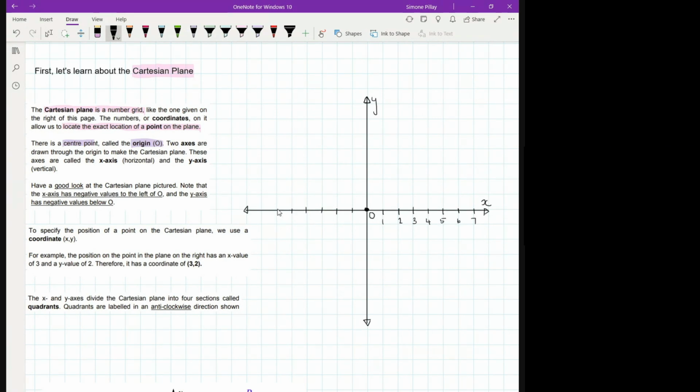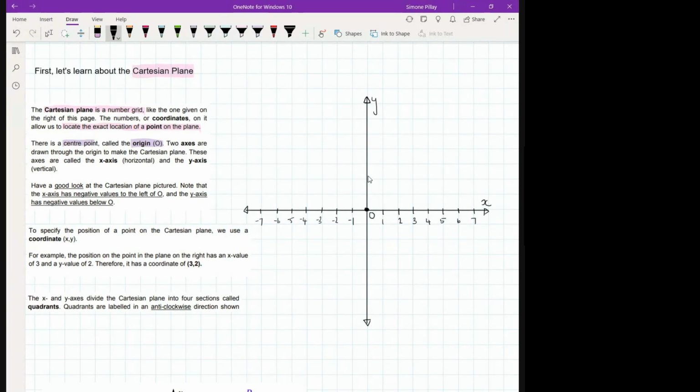And this is where I'm drawing all of these little notches now. It's going to be -1, -2, -3, -4, -5, -6, and -7. So my x-axis has negative numbers on the left of my origin.